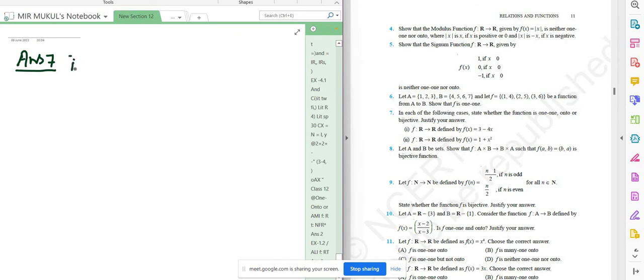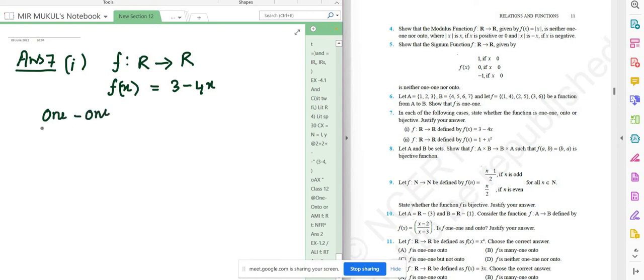So first one I am showing you, f from R to R, defined as f(x) equals 3 minus 4x. You will remember, if it is a linear function, then always you will get it is one-one also, onto also. How will you prove?